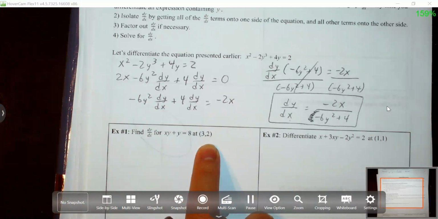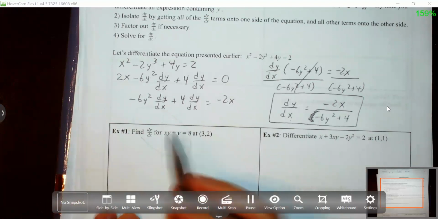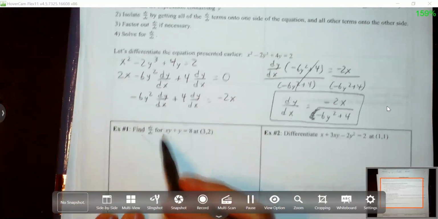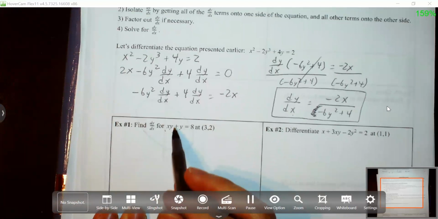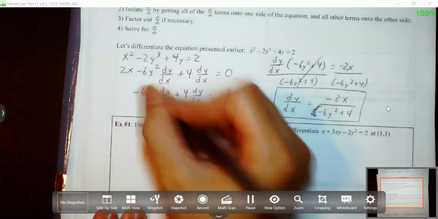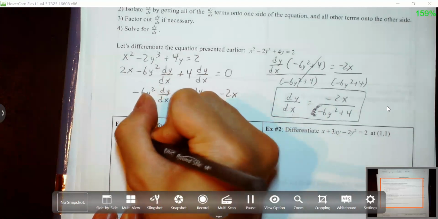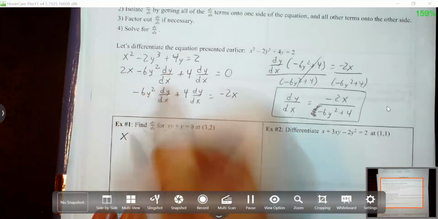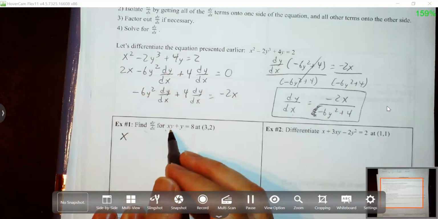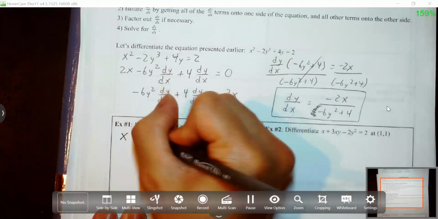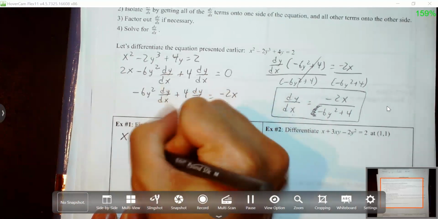Now we have to be careful here, because we have to apply the product rule. I have x times y. And so I know I have to do the product rule. First times derivative of the second. So it's the first, which is x, times the derivative of y. The derivative of y is dy/dx.